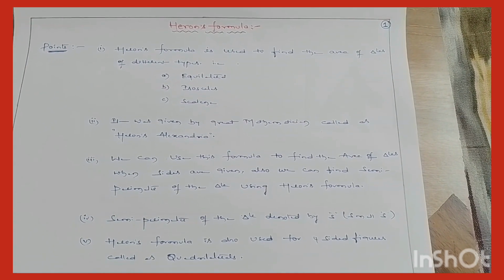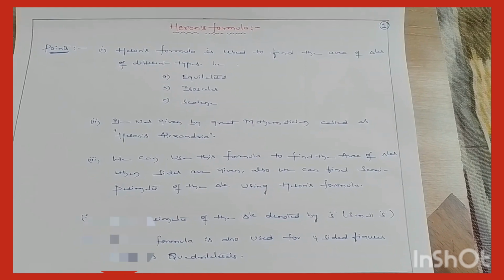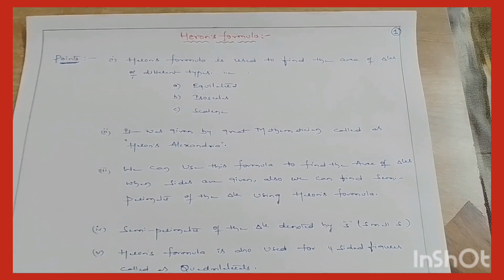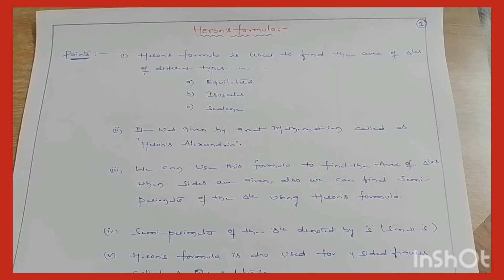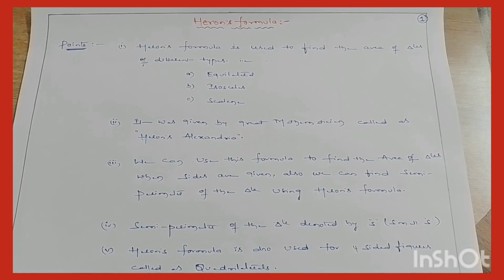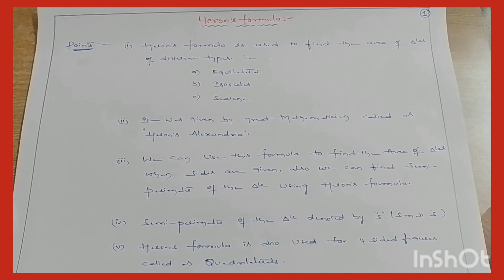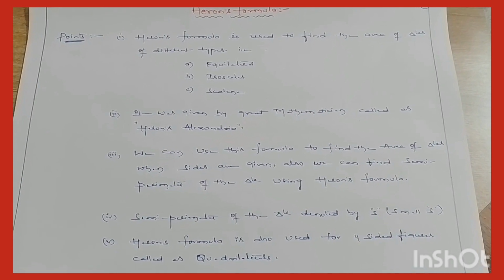We can find the area of different types of triangles. It can be an equilateral triangle, an isosceles, or a scalene. We can find the area of any type of triangle by using Heron's formula when sides are known.